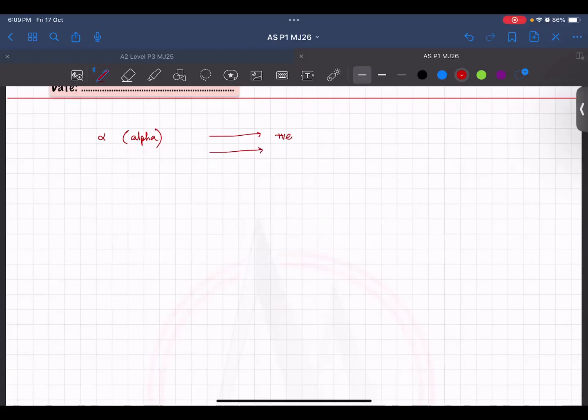It is always with the x-axis, with positive or negative x-axis both. I can draw this alpha with both of these, the left side or the right side, but with the x-axis. This will always be acute. Acute means less than 90.